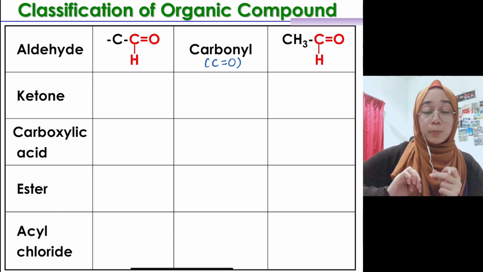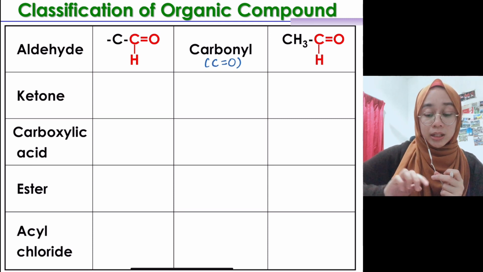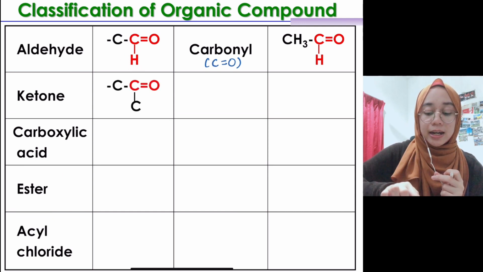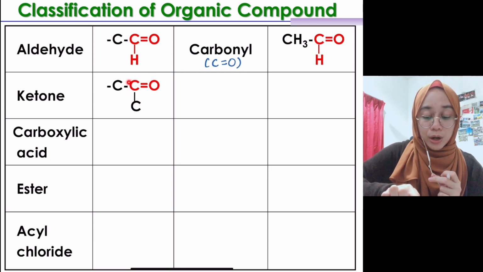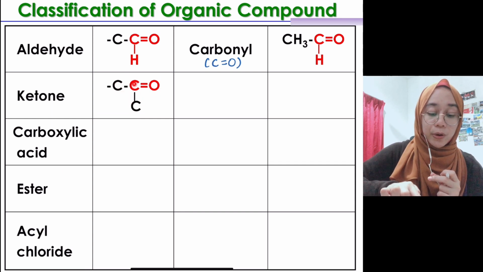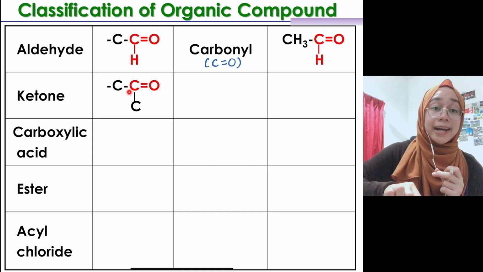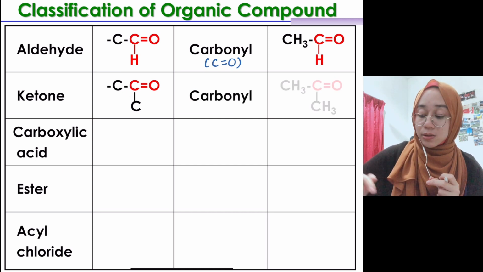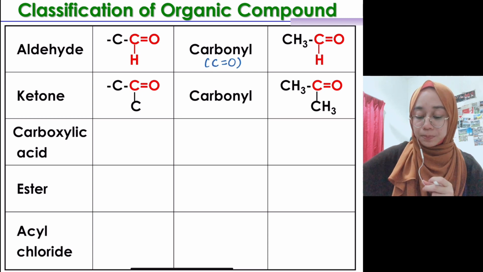Okay, so keton pun dia akan ada C double bond O juga, tapi instead of dia ada H dengan dia, so apa yang dia ada adalah another C. Okay, bermaksud dekat C double bond O, kalau keton, dua-dua benda yang attach kepada carbon selain pada oksigen adalah carbon. Okay, so kalau dua-dua ni adalah carbon attach kepada C double bond O, therefore that is considered as keton. Okay, so yang ni pun adalah carbonyl juga. So this is example untuk keton.